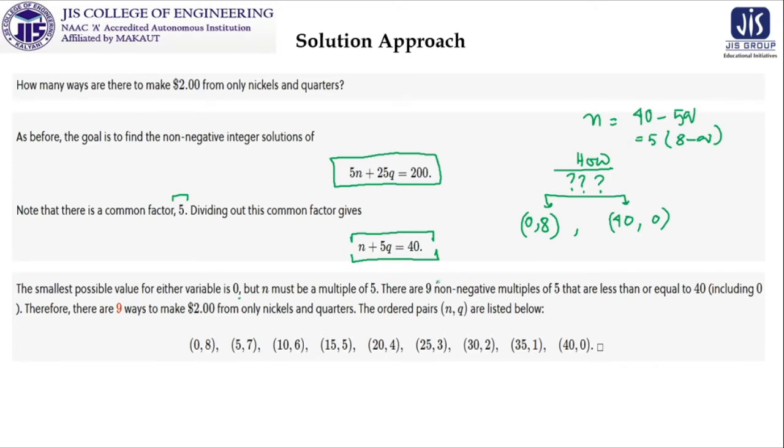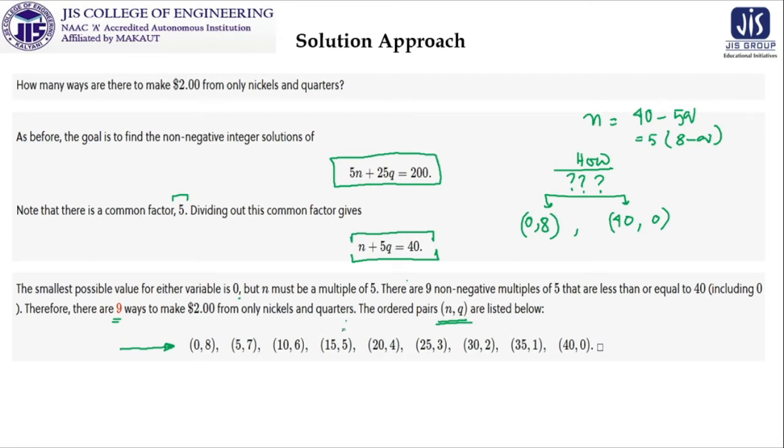There are 9 non-negative multiples of 5 that are less than or equal to 40, starting from 0. So there are 9 ways to make this, and the ordered pairs look like this. But the process we are following is an informal way of solving this problem. You can solve it this way as the numbers are small and you can use common sense.